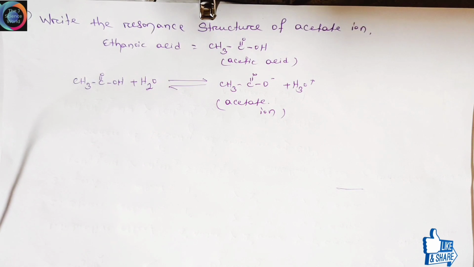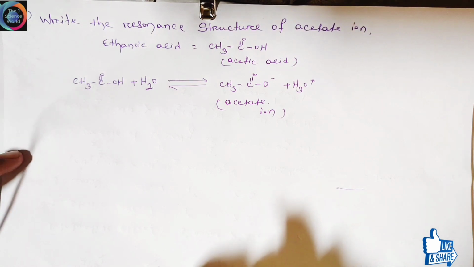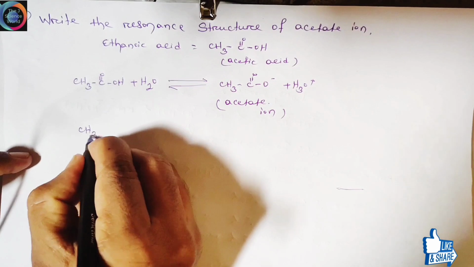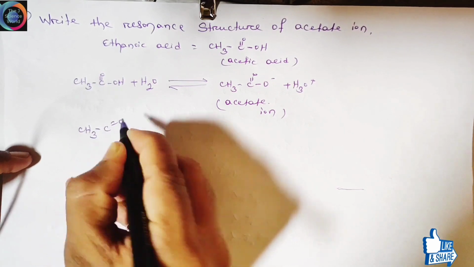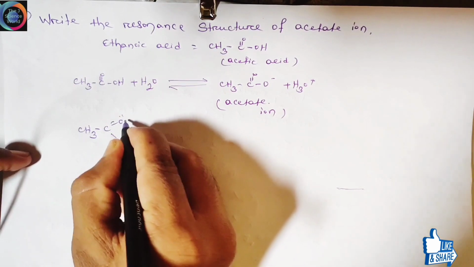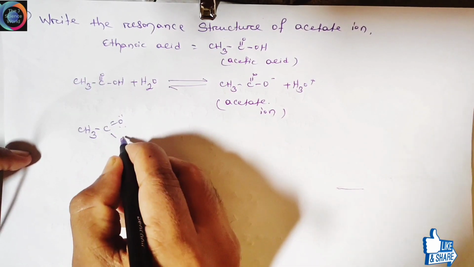But friends, the resonance structure of acetate ion can be represented by two resonance structures. We also write it like this.